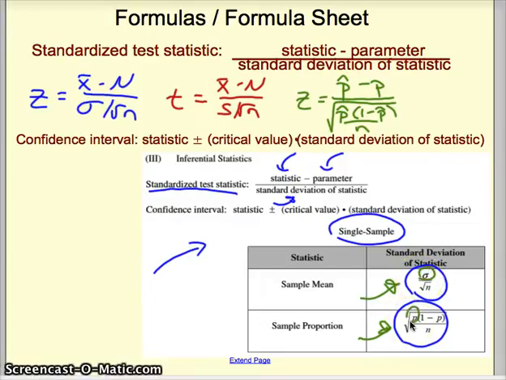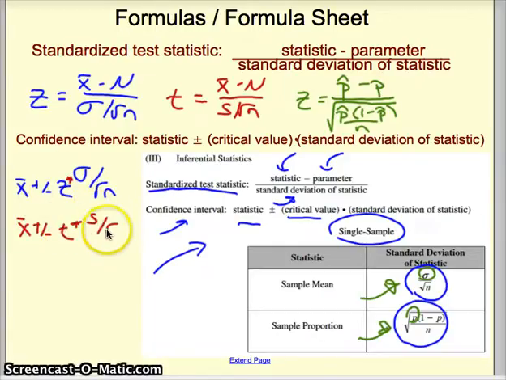Confidence intervals, similarly, we get a rough outline here of what the formula is. So for a z interval, we have x bar plus or minus z star times sigma over root n. A confidence interval is a statistic plus or minus a critical value times the standard deviation. If it's a t interval, it's x bar plus or minus t star times s over root n.